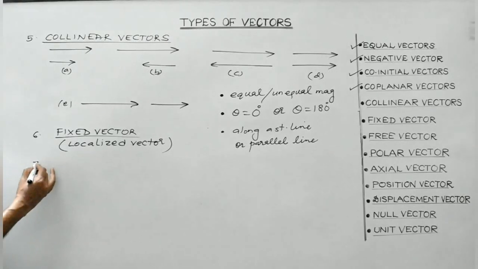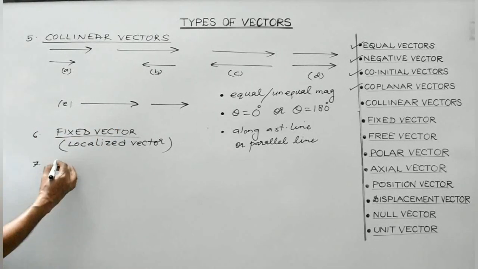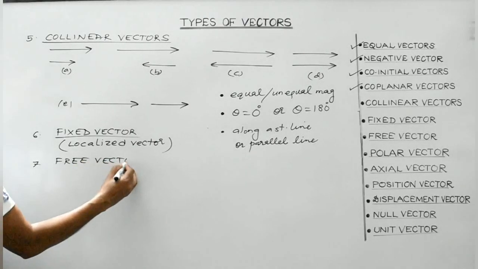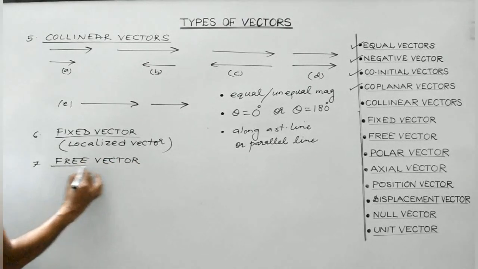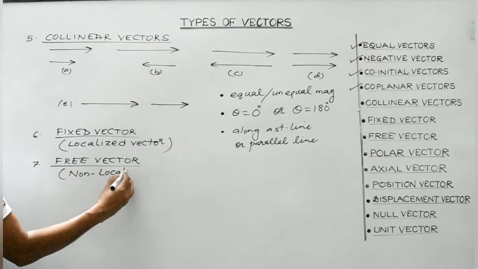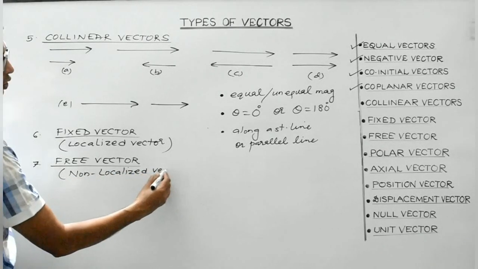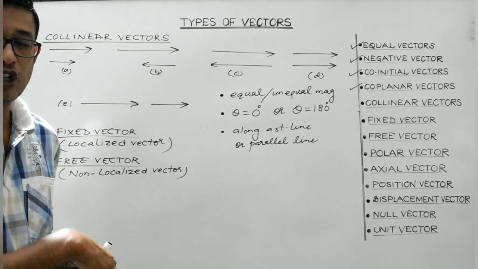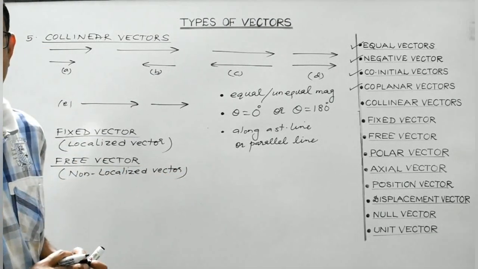Seventh, the opposite of this fixed vector, that is free vector. It is also known as non-localized vector, right? The antonym of fixed is free.